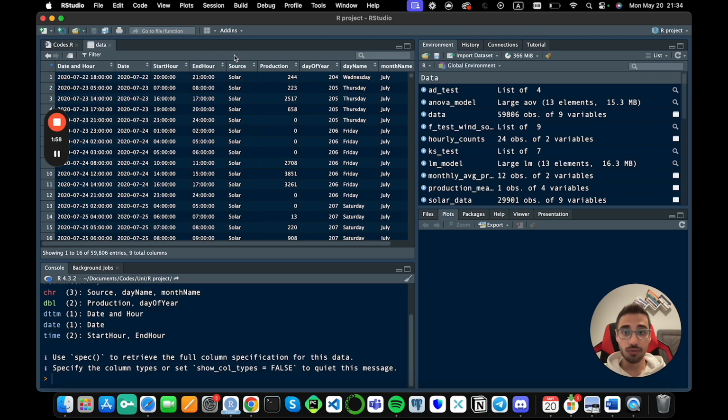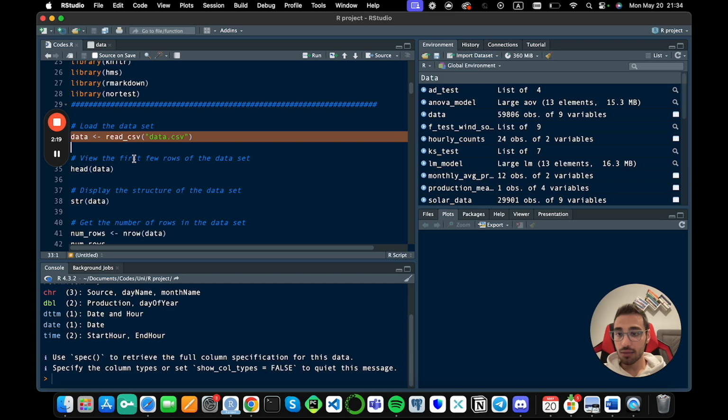Then we have our source, which can be solar or wind, and we have production, which is production in megawatts, and day of the year, day name, and month name, finally.